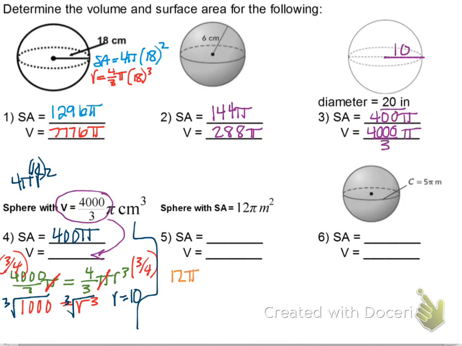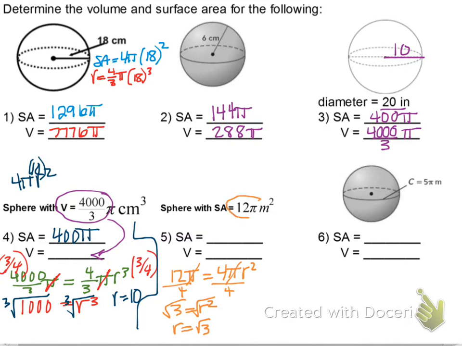So 12 pi equals 4 pi r squared. Okay, and of course those pi's will cancel out. Then I'm going to divide by 4. So 3 equals r squared. And so the square root this time. So r is the square root of 3.